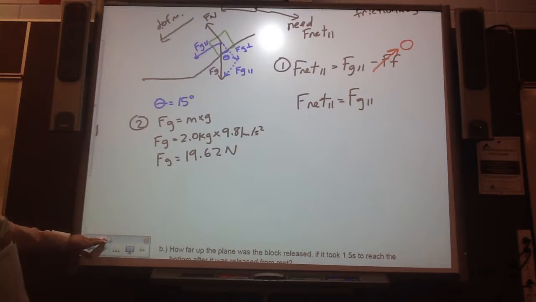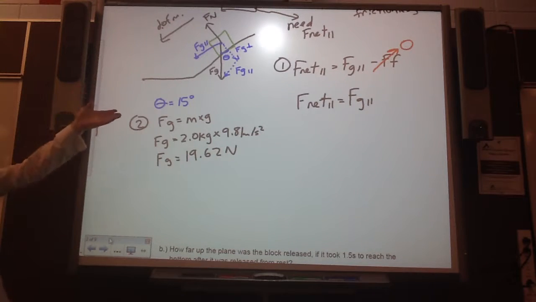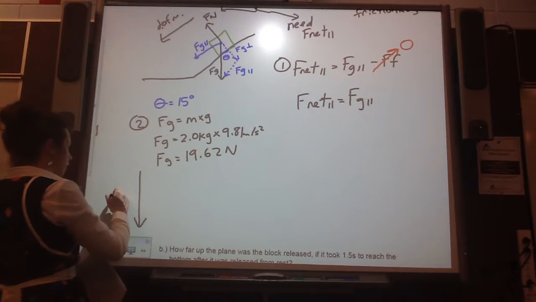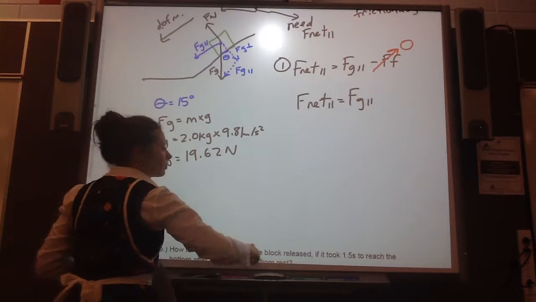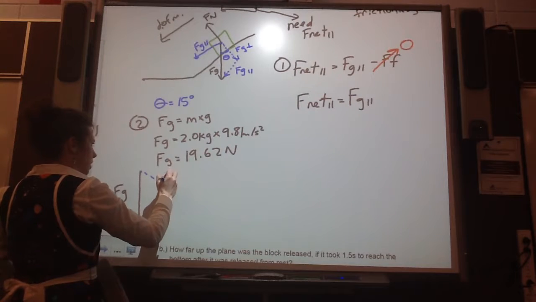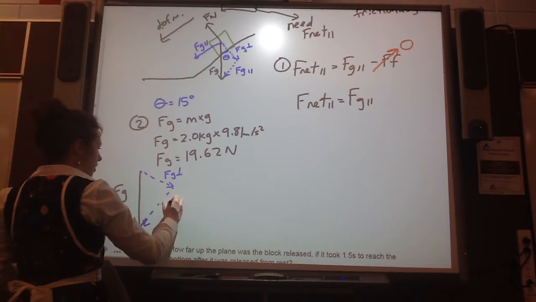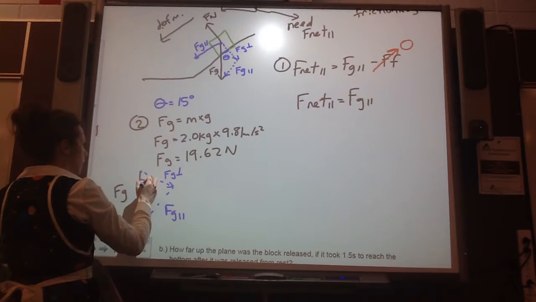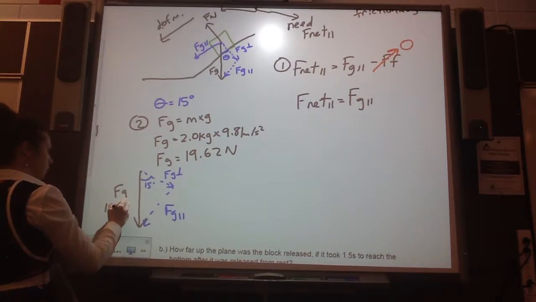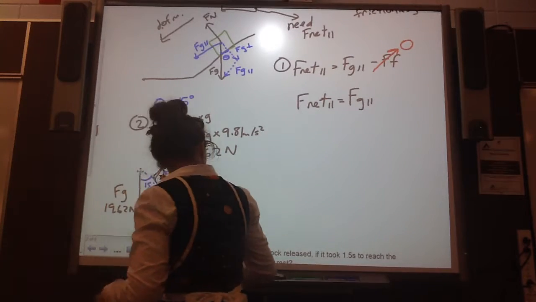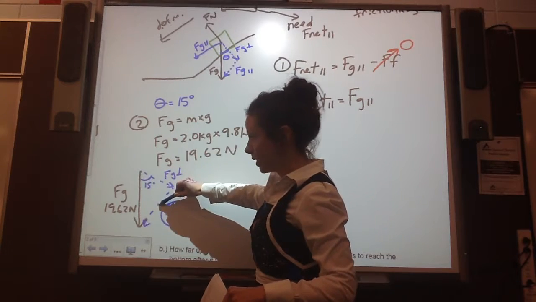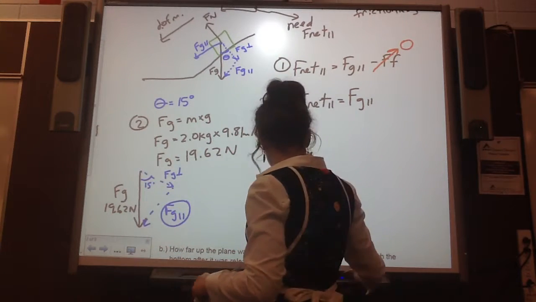Then you can redraw your triangle, or you can just look at that one there. I often like to redraw my triangle just to make sure it's clear. So this is my Fg. This is Fg perpendicular, and here is Fg parallel. Theta is 15 degrees. So if I'm looking to find Fg parallel, that's opposite over hypotenuse.